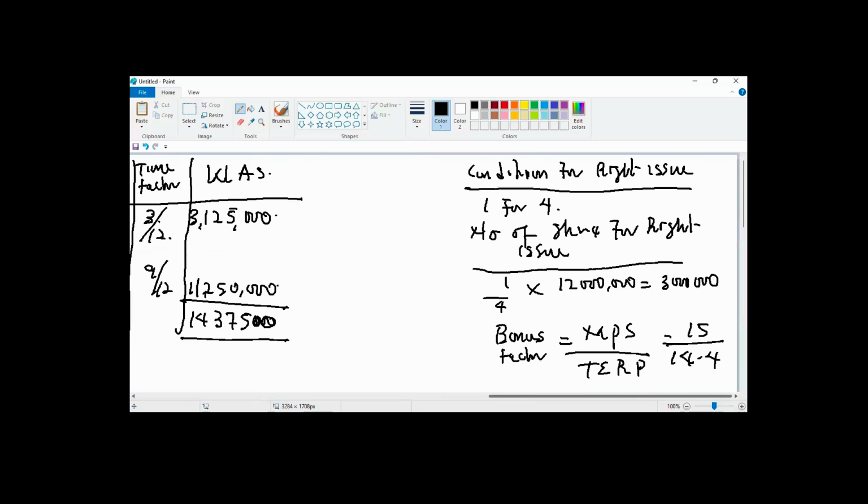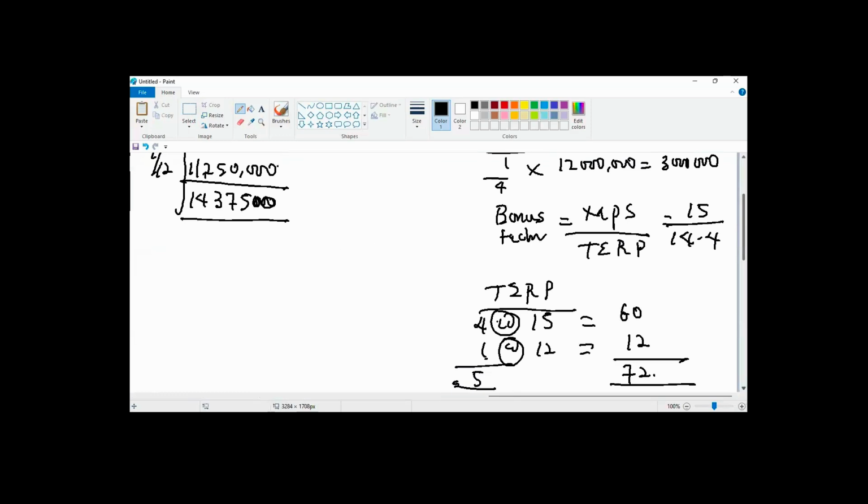It is the calculation of the bonus factor. Bonus factor is the market price divided by the theoretical ex-rights price. They've given you the market price in the question to be 15 naira. Then the theoretical ex-rights price. What is the condition for the rights issue? 1 for 4. 4 is at market price. 4 times 15 will give us 60.